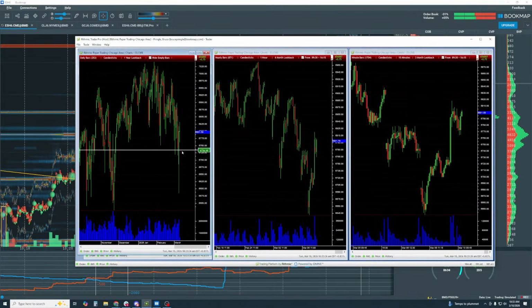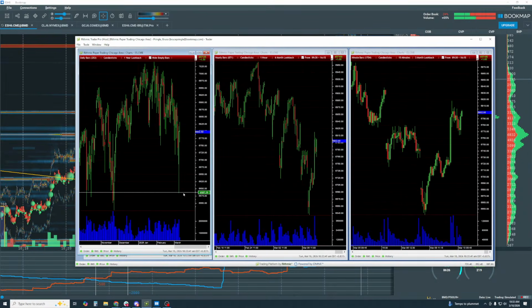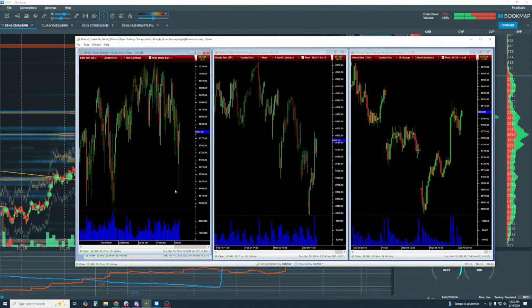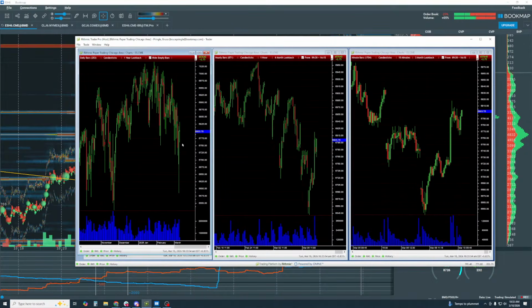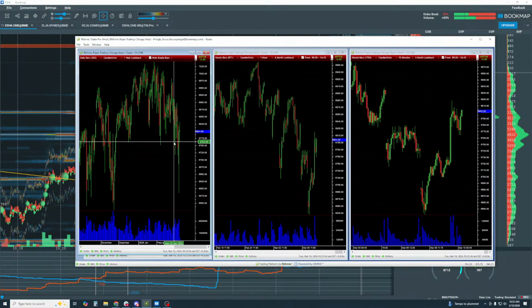Okay, so on the daily, this moved down, big red candle, and it broke this level, all of these levels in here. We've been looking for that for a while now. Last week we were looking for the break and continuation.